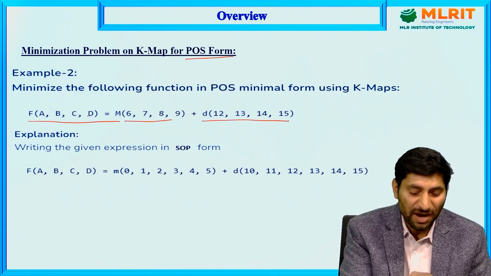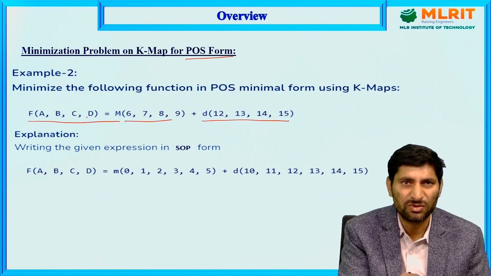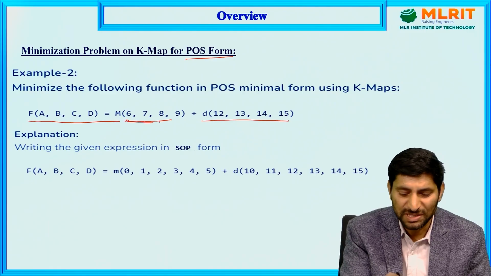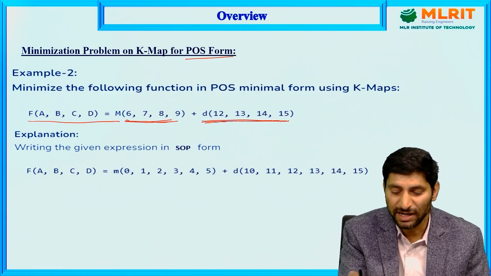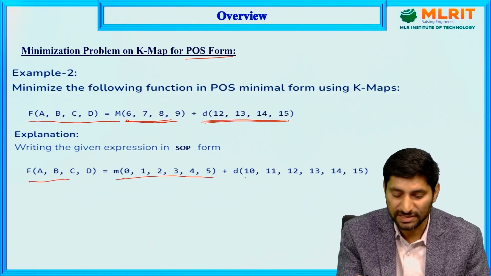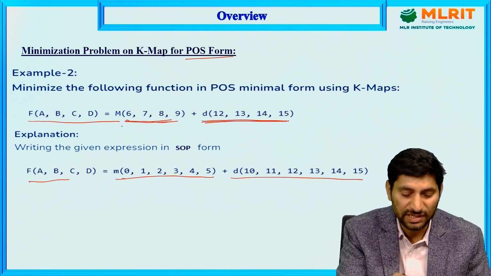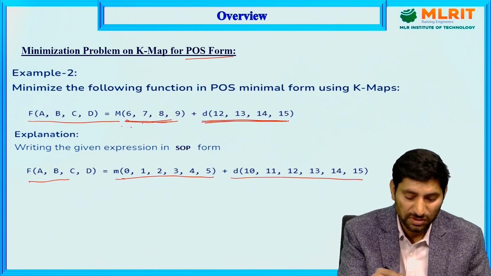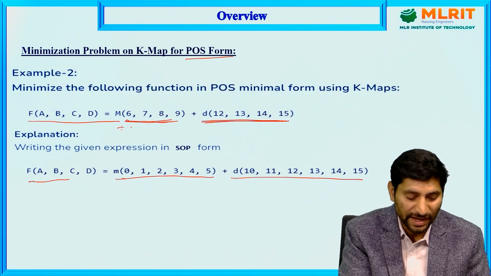Now, if I want to convert this into SOP form, I can convert it easily. So, what terms are missing here from these max terms and don't care terms? All those come under the SOP form. So here in this POS form, terms 0, 1, 2, 3, 4, 5 are missing, so all those come under SOP form.